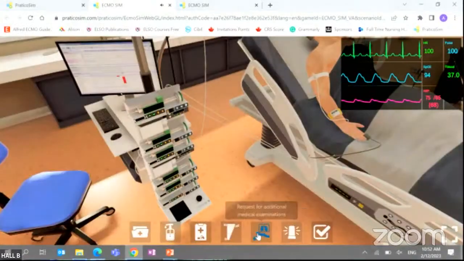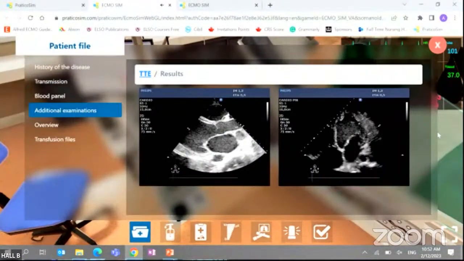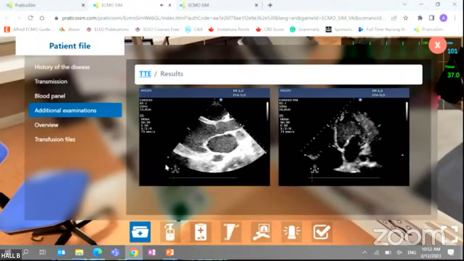There is no stagnation of blood that I can see here. I think it's not moving.